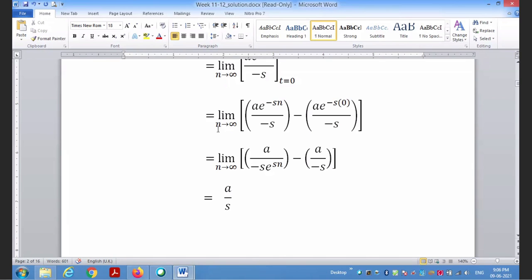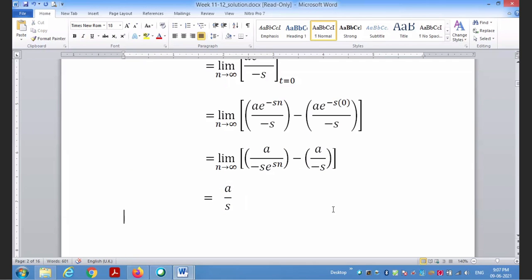Because a is a constant divided by, when n goes to infinity, this term will be huge. e to the power of a very huge number will be very huge. Any constant divided by a very huge number will go to 0. This one remains unchanged because only n goes to infinity. So minus a over minus s. Minus becomes plus. So we have a over s.